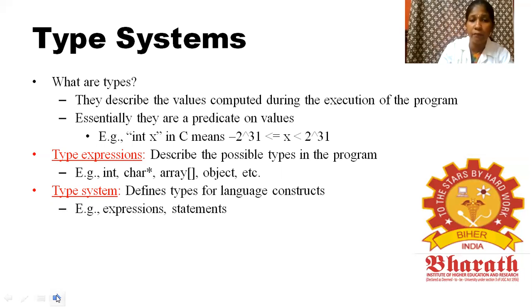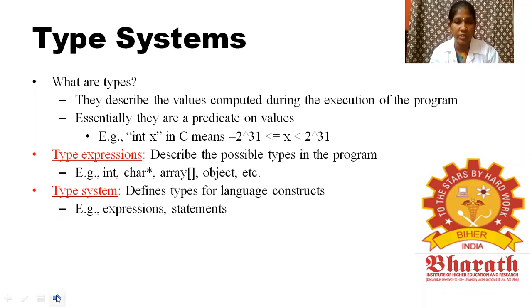They describe the values computed during the execution of the program. Essentially, they are predicates on values, for example, int x in C. In the same way, we saw examples for type checking and type errors too. So we have type expressions, where the possible types in the program are int, char star, array, object.